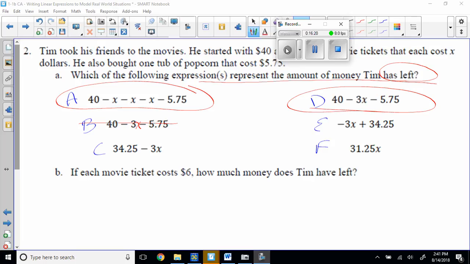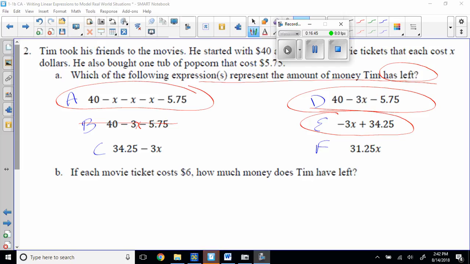All right. So, where do you think the 3x, negative 3x come from? The 3 tickets. Where do you think the 34.25 came from? 40 minus 45.75. Good. That's why C is correct. Now, let's not put the cart in front of the horse yet.